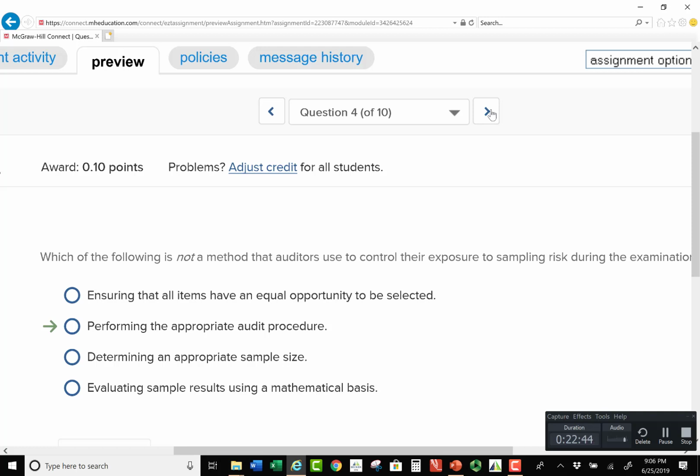Okay, so the procedure that you choose, if you choose the wrong procedure, that would be a non-sampling risk, wouldn't it? I'm trying to determine the existence, and I go from the supporting documents back to the financial statements. That's not going to help me with existence. That helps me with completeness, right? So I don't care how big the sample size is. Let me repeat that.